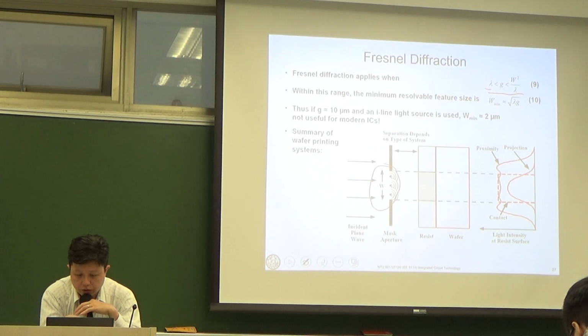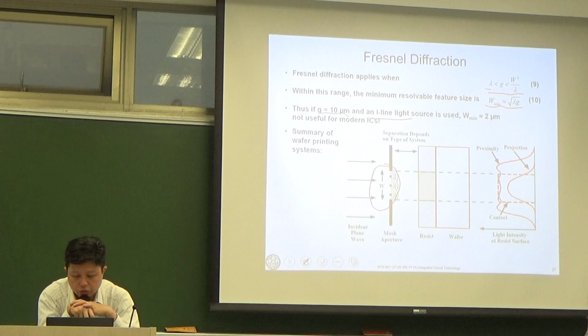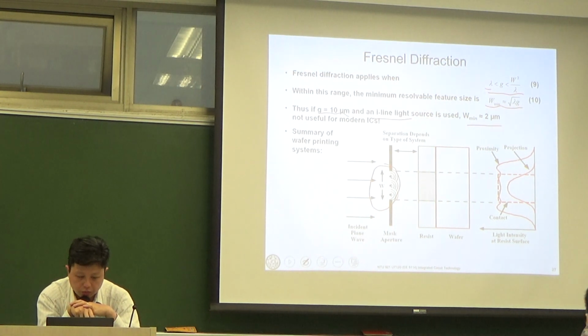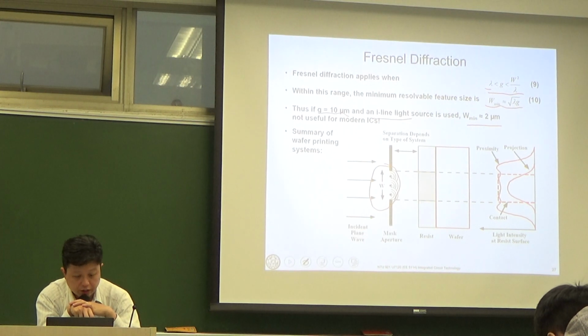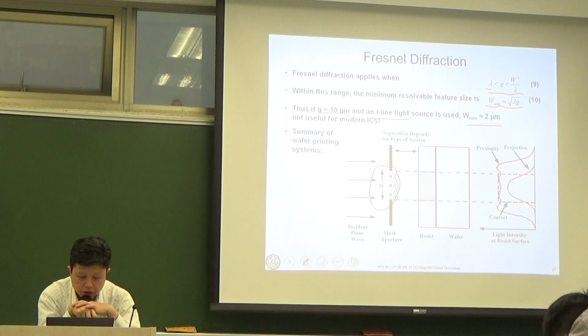So we can quickly get an idea that W equals the square root of lambda times G. If G is 10 micron and you use a line source, you have a W minimum of around 2 micron. It's not useful for our modern ICs, but it's good enough for you to make some devices at the university level. Okay.